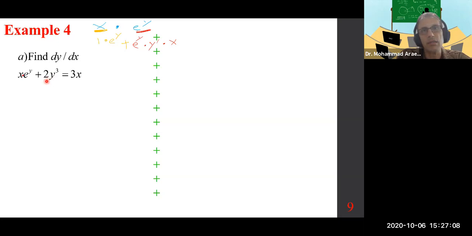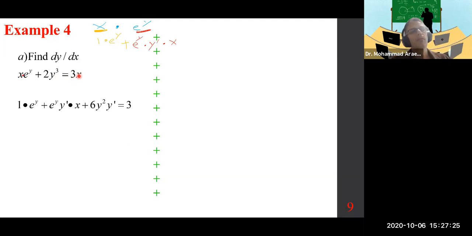Y is not the same as x. Y is a function of x. The derivative of x is 1, everybody. But the derivative of y is y prime. So 6y squared y prime equals 3. Okay, so this part gives us 2y cubed, 6y squared y prime.